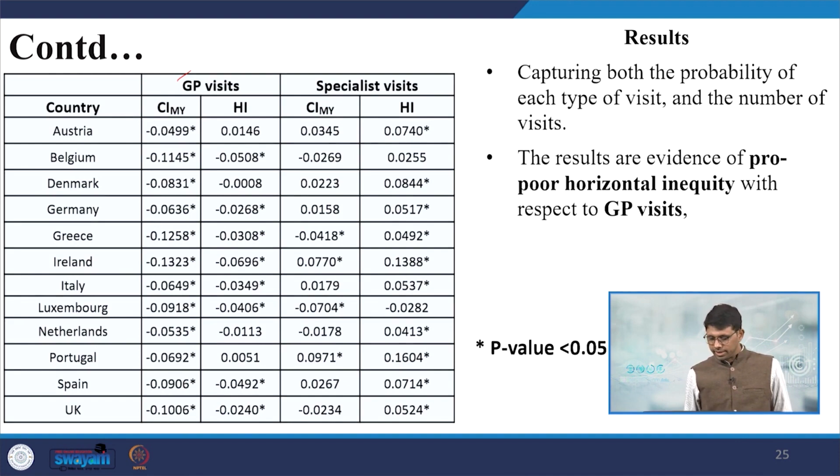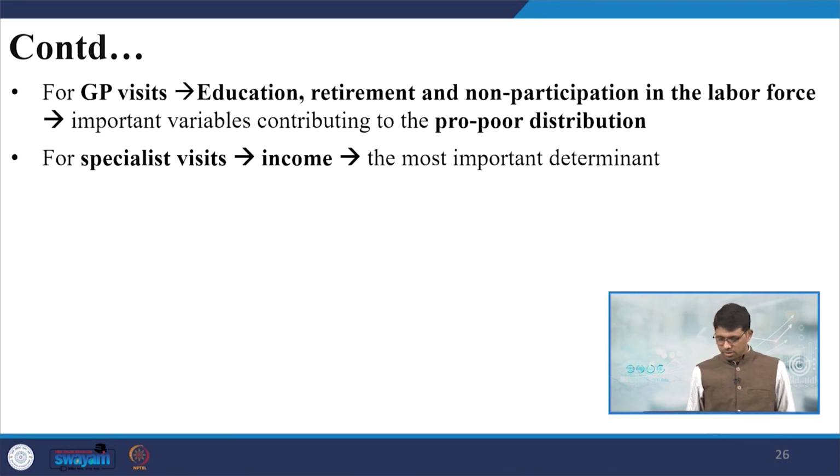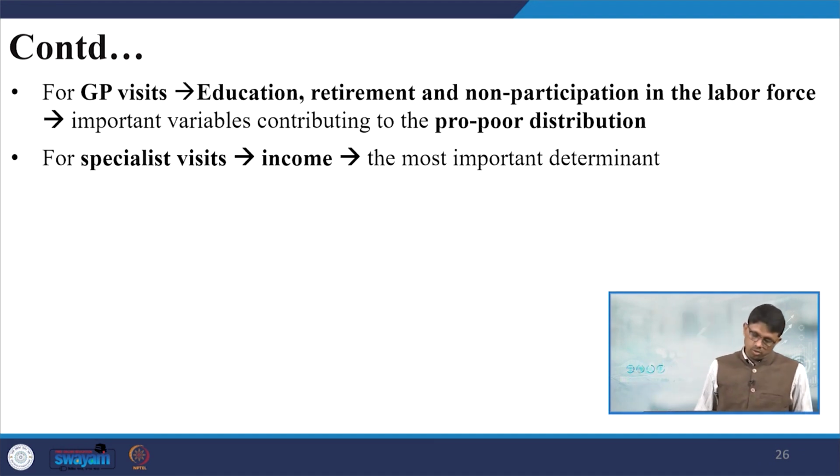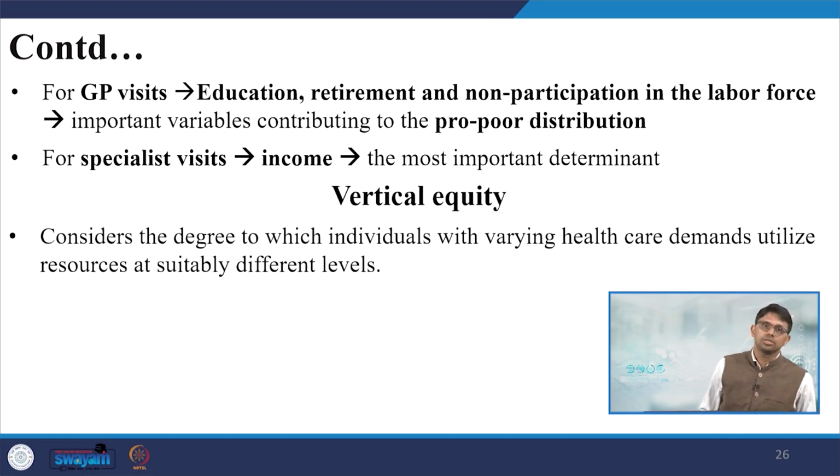These are all written, so you can go through them. We have already said that for GP visits, there is a role of education, retirement, non-participation in the labor force, etc., whereas for specialist visits, income may matter much.